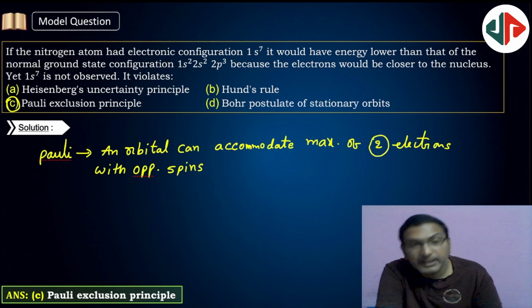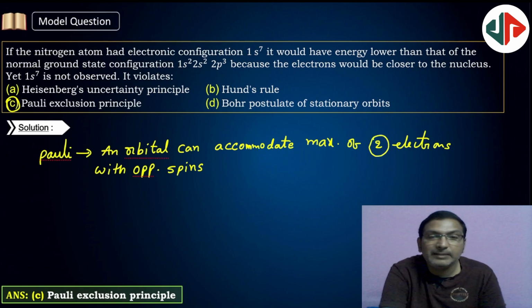Maximum capacity of any atomic orbital is 2. But here 7 electrons are placed.